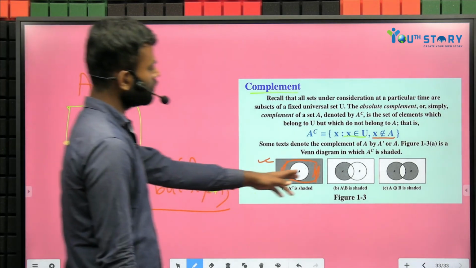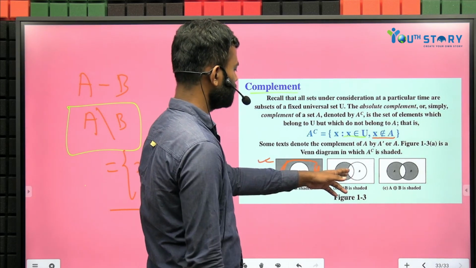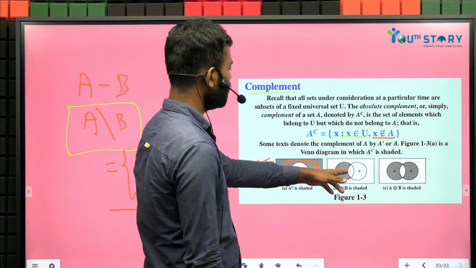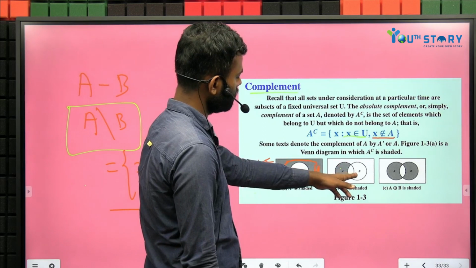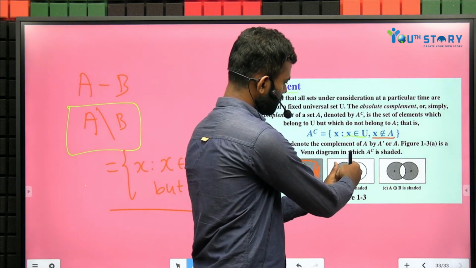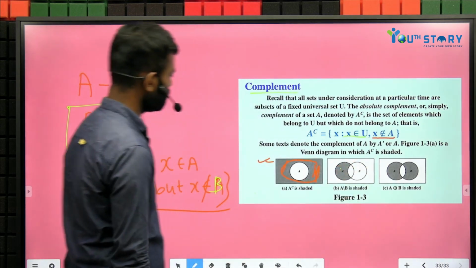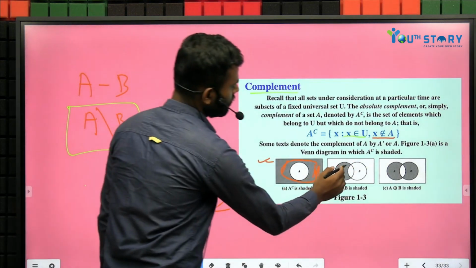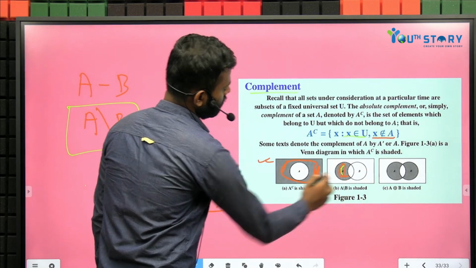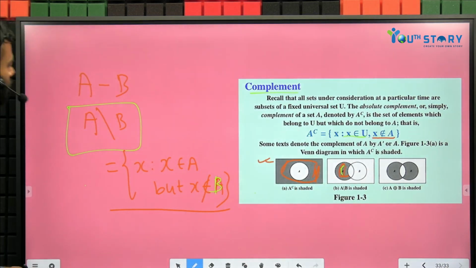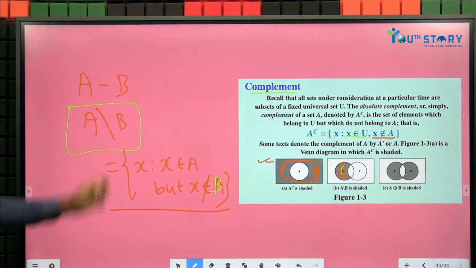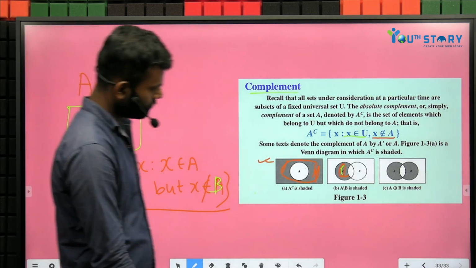We consider all elements in A but not in B, so we delete the intersection part. Only this part will be the image of the set A minus B.